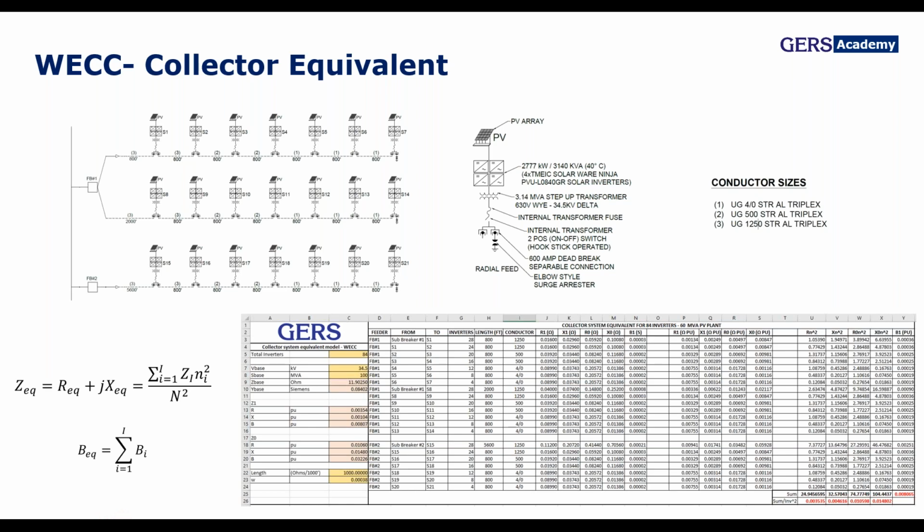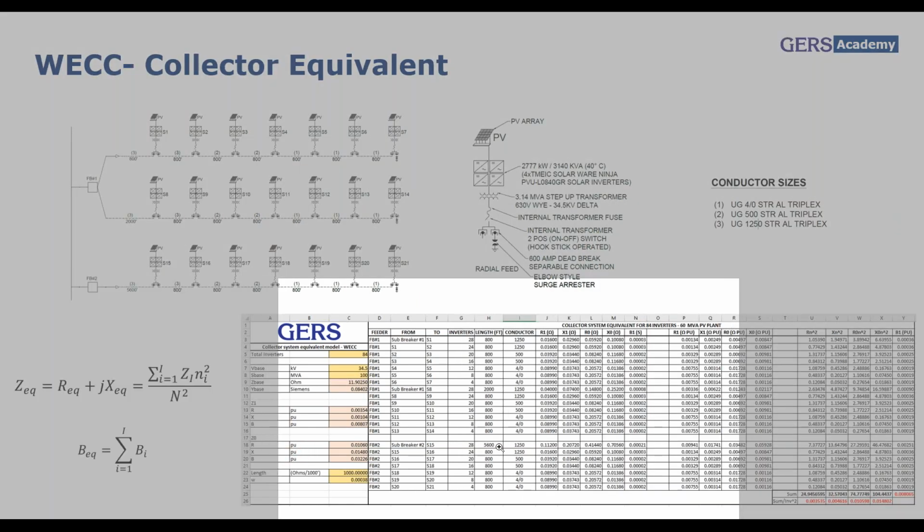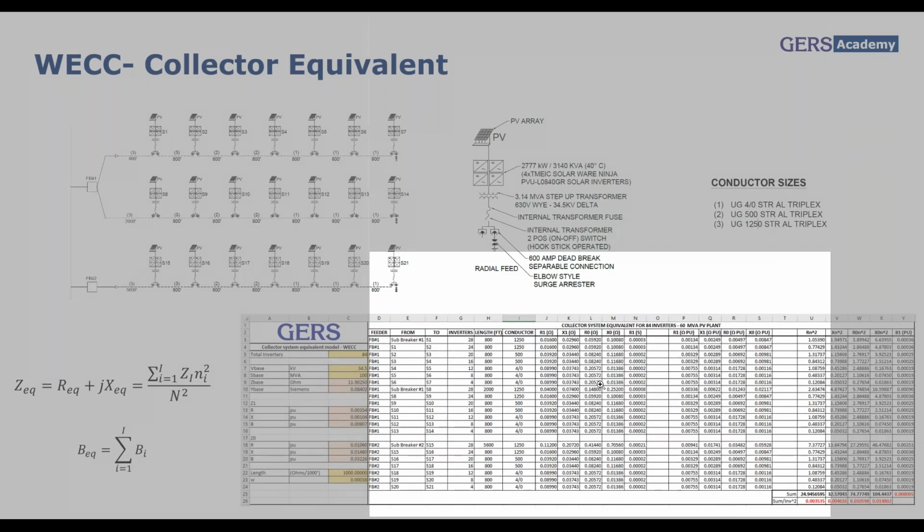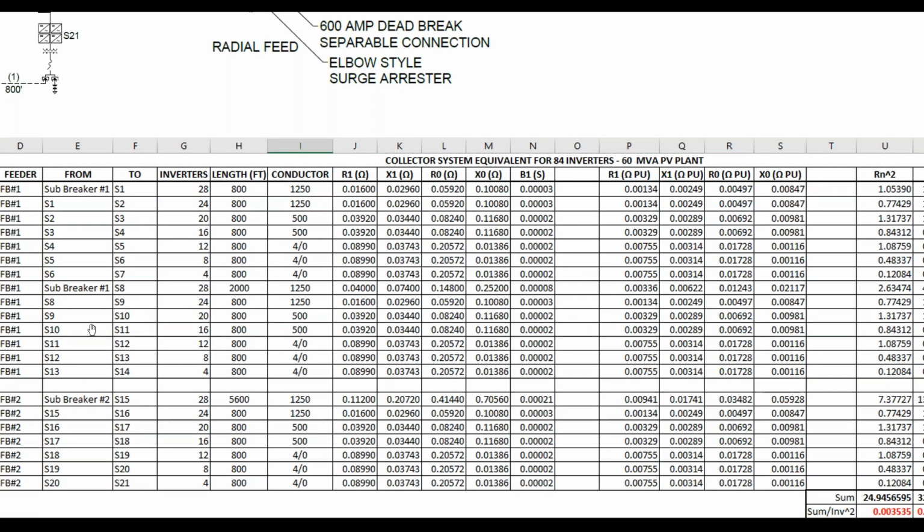Let me just zoom in. Here you can see the different sections on each feeder, the length, the conductor size, the parameters for resistance and reactance, not only in positive sequence, but also in zero sequence or negative sequence.